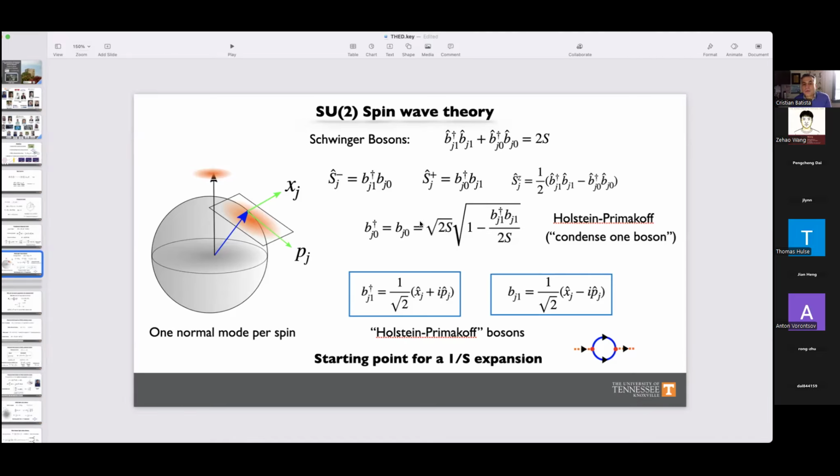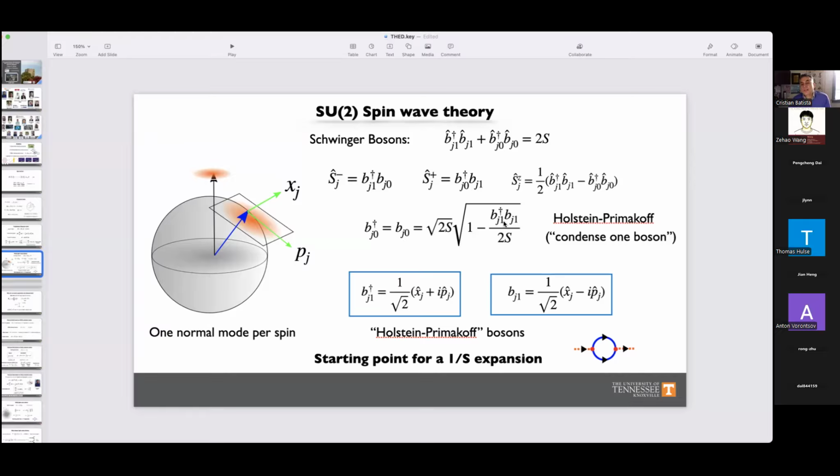And if we replace b0 dagger and b0 here, and here, basically we get another faithful representation of the spin operators, but now written in terms of a nonlinear function of these so-called Holstein-Primakoff bosons.